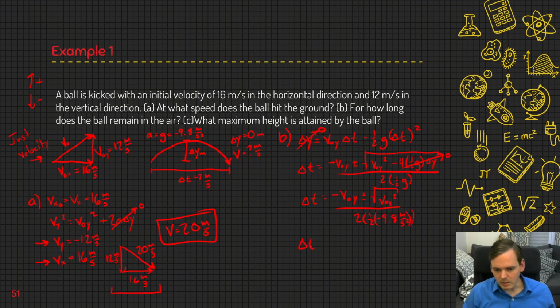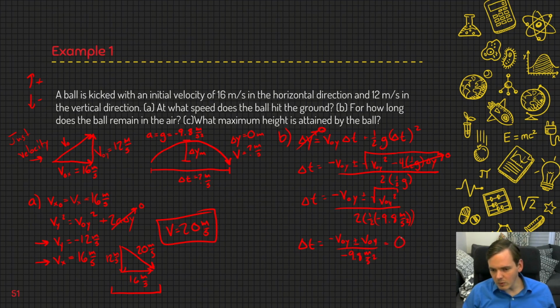And we're going to get a delta t equaling negative v naught y plus or minus v naught y, divided by negative 9.8 meters per second squared.